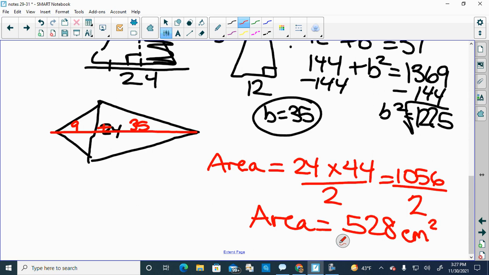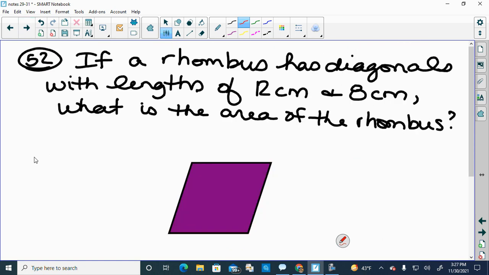One last one, and this one's an easy one for you. Number 52 says, if a rhombus has diagonals with the lengths of 12 and 8. So they already told us the diagonals. You don't have to find them like we did last time. One of those is 12, the other one is 8, so we already have what we need for the formula.